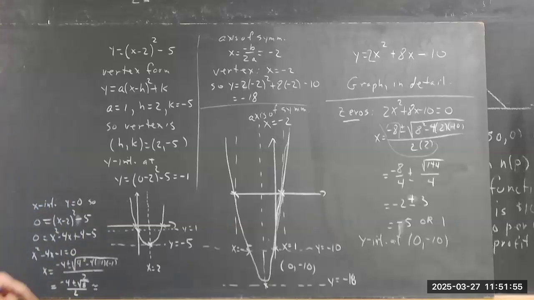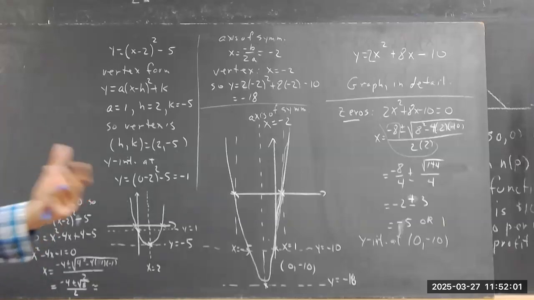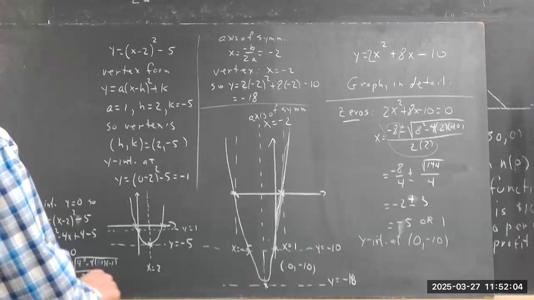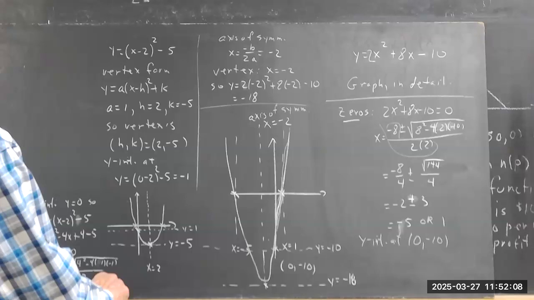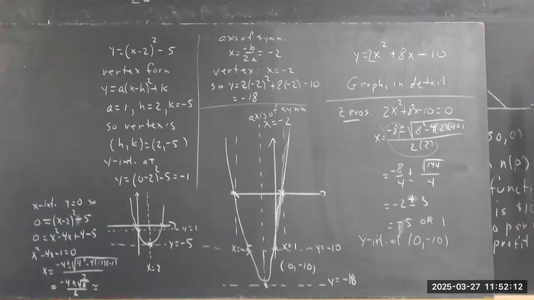Approximate that with your calculator if you need to. Square root of 8 is about 2.8. Okay, I got it wrong.